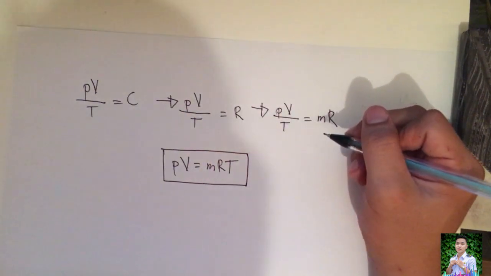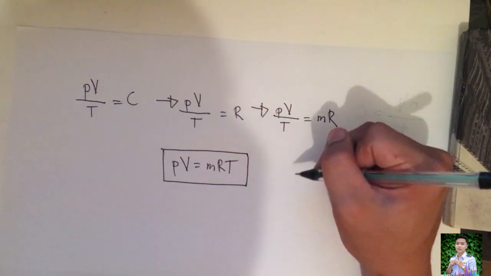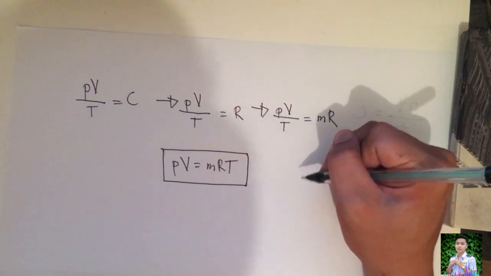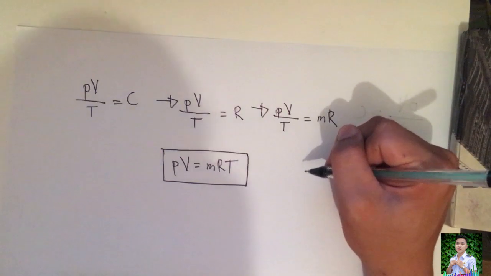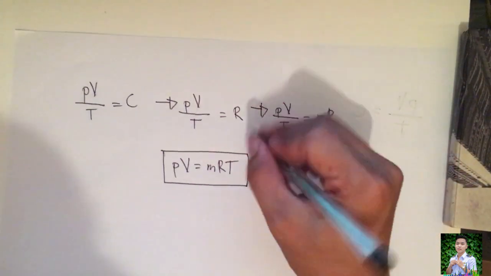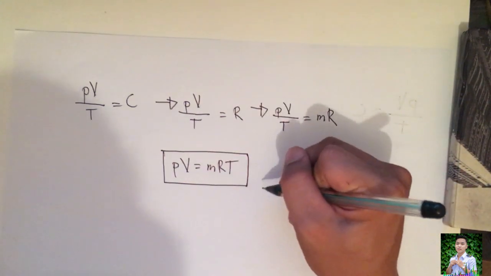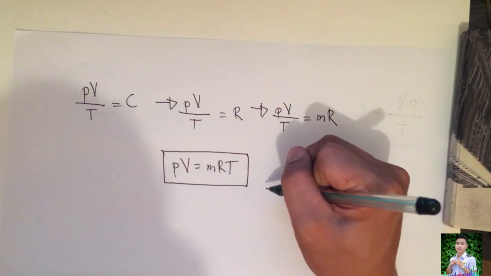Or absolute pressure times volume is equal to mass times gas constant times absolute temperature. And this equation is called as the characteristic gas equation.